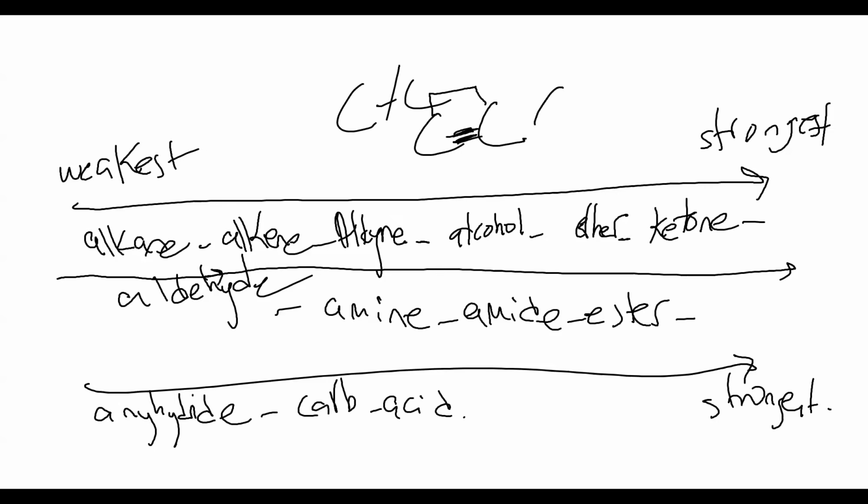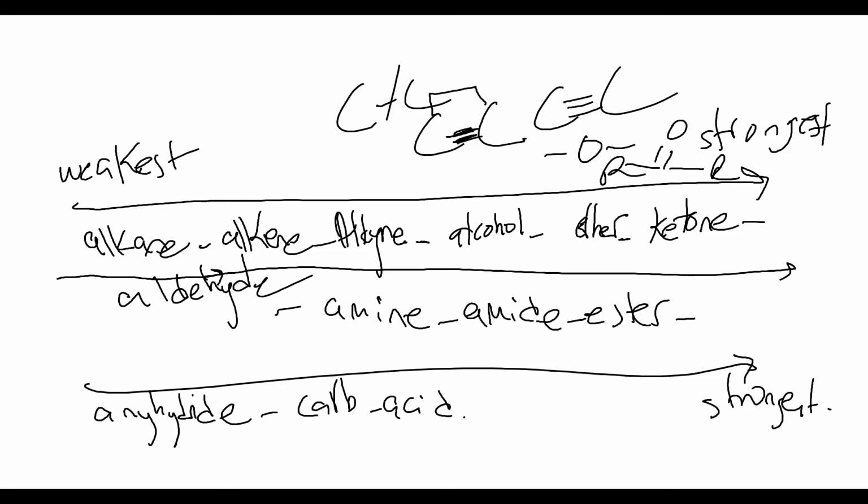Alkyne is a triple bond, so super strong. And then alcohol, we have an oxygen, so it's stronger than the three of them. Ether, we have an oxygen between two radicals, which is also so strong. Ketone, we're going to have an O and two R groups, which is so strong. We have radicals, we have oxygen.